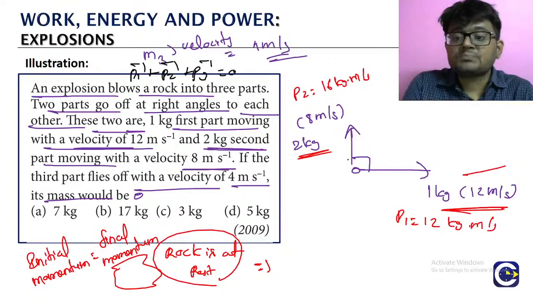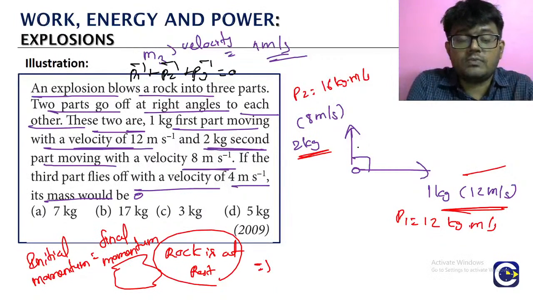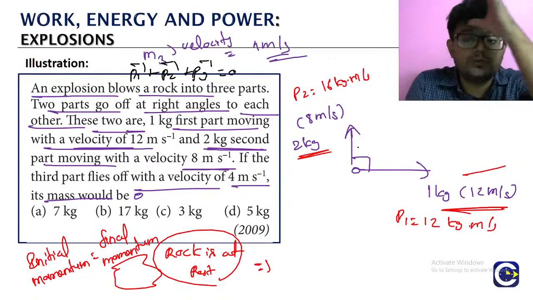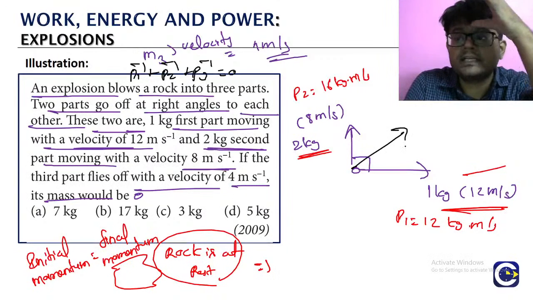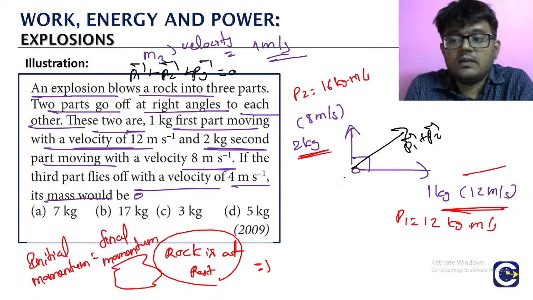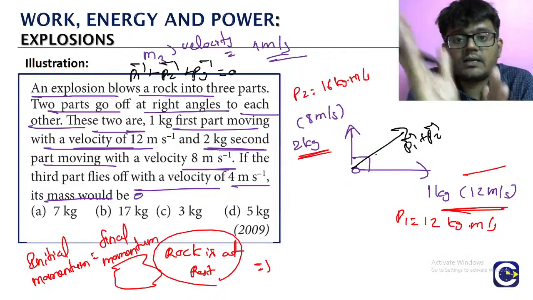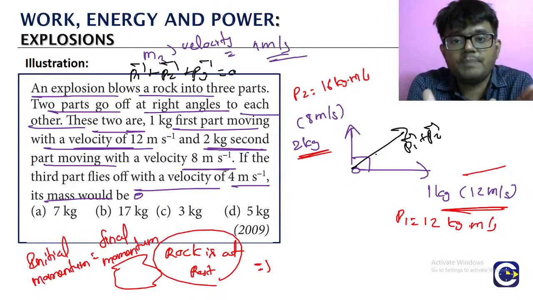First, the resultant of P1 plus P2 will be a vector inclined at an angle between P1 and P2.